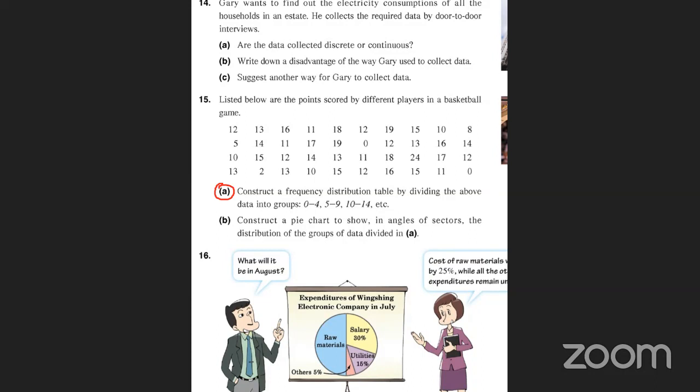Give me a yes, or you can raise your hand if you are okay for this one. 15A. Anyone? If you think you understand and you know how to do it, then raise your hand. 15A. Right, very good. I can see quite a lot of hands.